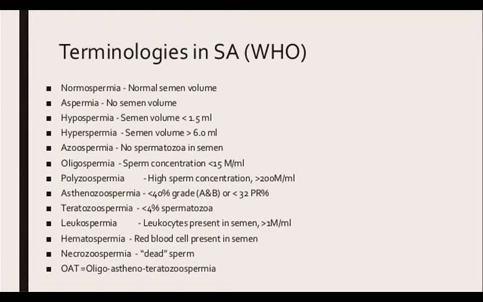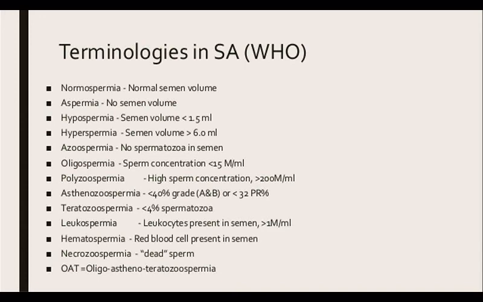Polyzoospermia, high sperm concentration, that is more than 200 million per ml. Asthenozoospermia, that is absence or marked reduction in sperm motility, less than 40% grade A and B, or less than 32% progressive. Teratozoospermia, less than 4% normal spermatozoa.